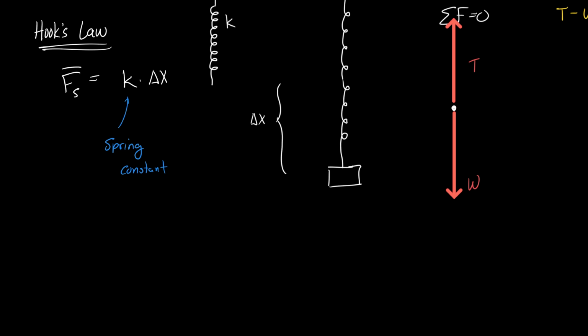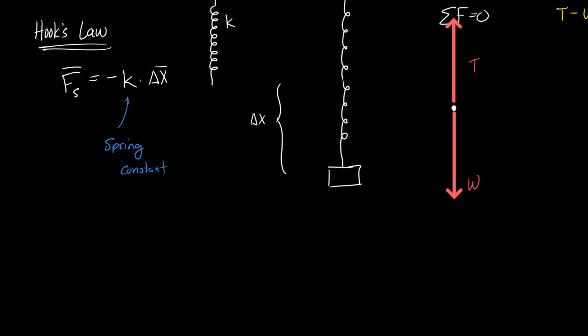So we doubled the weight, it doubled delta x. Unfortunately, delta x is a vector. And the force from the spring is in the opposite direction of what direction the spring stretches. So all of these things have to be taken into account when we deal with the spring.